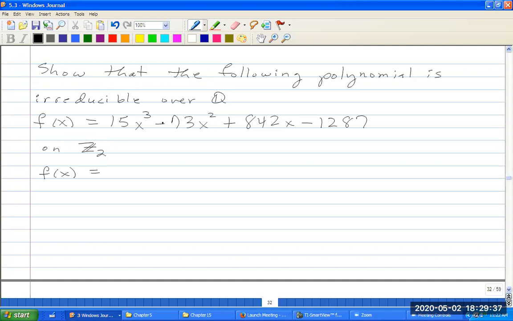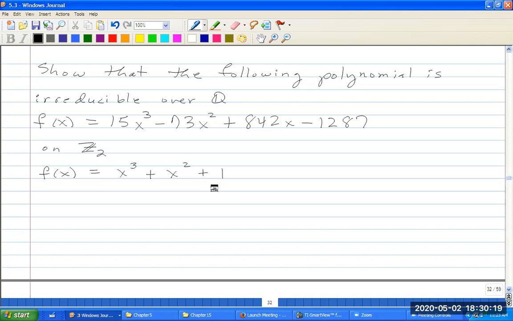And so this is just 1x cubed, this is 1x squared, this is no x's because it's an even number, plus, this is an odd number, so that's plus 1. You can add by any multiple of 2. And so I subtracted 14 from this one, added 74, subtracted 842, added 1288 to get this.